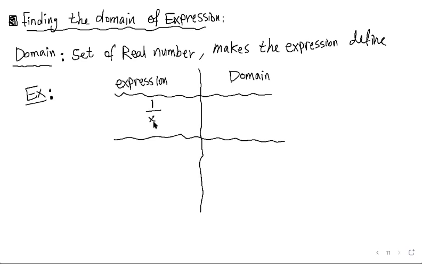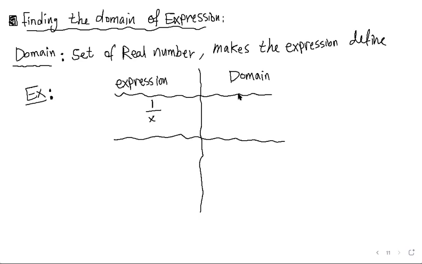So any positive integer keeps it defined. What about negative numbers, minus 2, minus 3, minus 4? Yes, it keeps defined. But what if I plug in 0? Is 1 over 0 defined? No. So I can't plug 0 inside this expression.